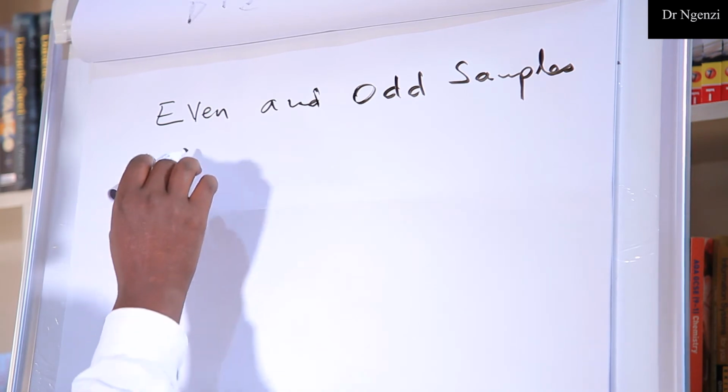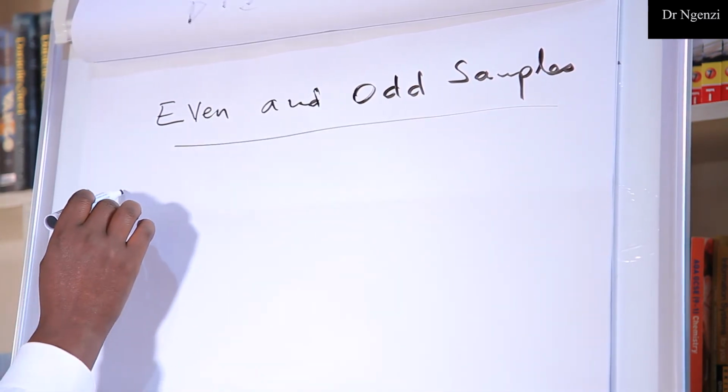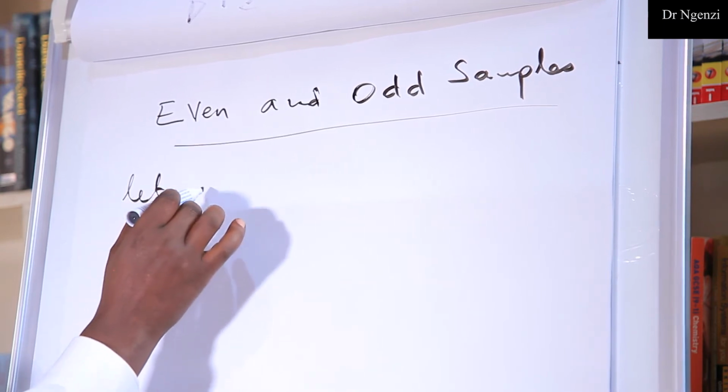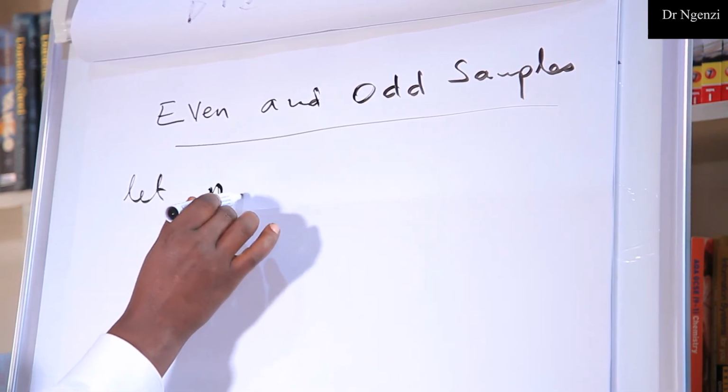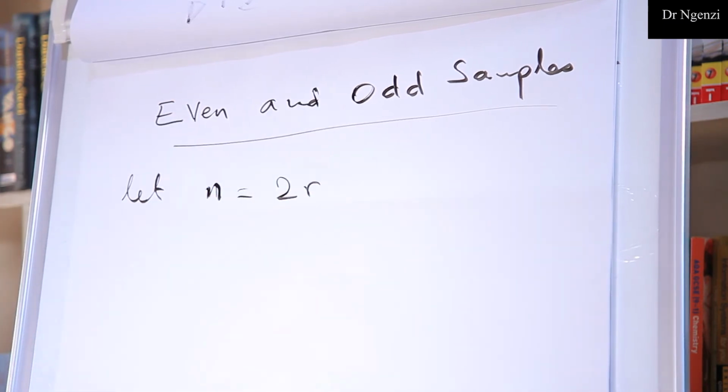So talking about even, suppose we let n be equal to 2r, for example. 2r can be 2k, can be 2t, can be anything else.